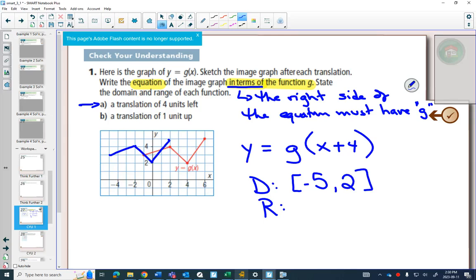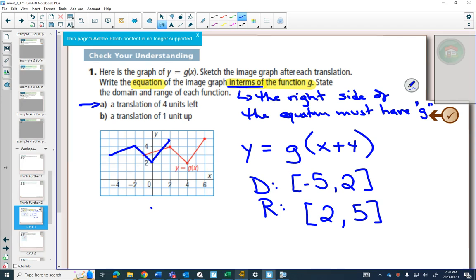So I can write it as -5 to 2 with square brackets. My range, my smallest y value is +2, and my largest y value goes up to 5. So there is the domain and the range of my graph.